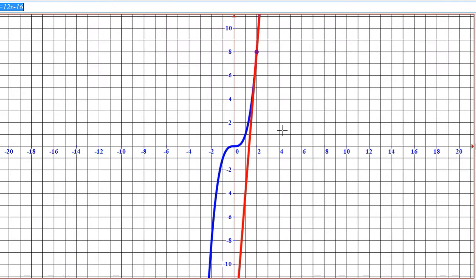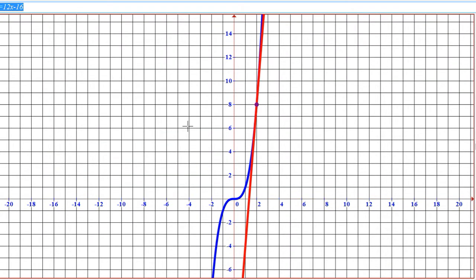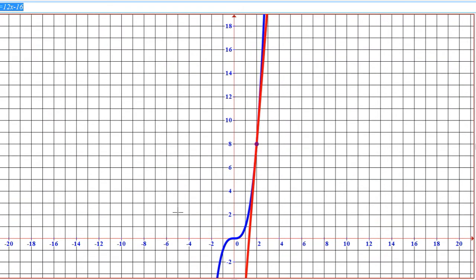And so we see a perfect fit there, and it veers away from it as you move out from that point. So nearby this point, there's not much difference in the red tangent line and the blue original graph. As you get further away, then especially like way down in here, they're not at all alike.